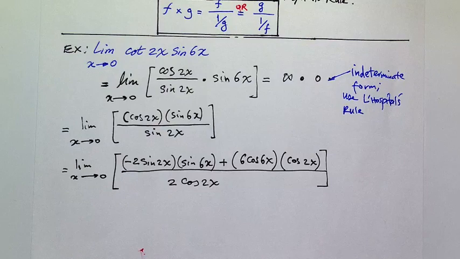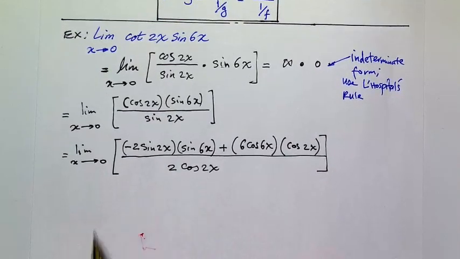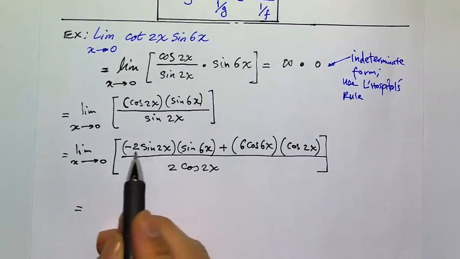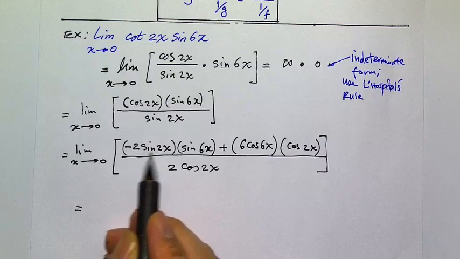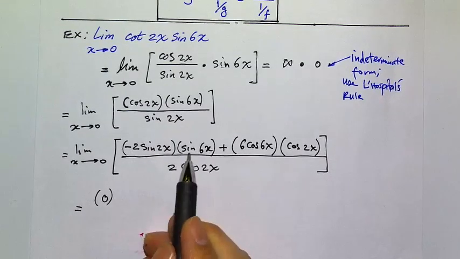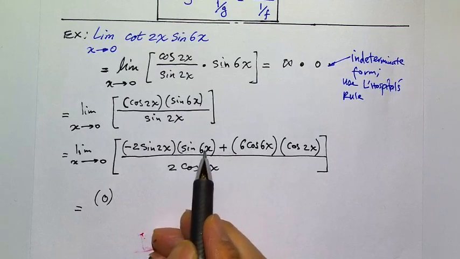Okay. Now that we've done that, let's apply the limit again. What will we get? If we apply the limit to this piece, sine of 0 is 0 times minus 2 is 0. Sine of 6 times 0 is 0, sine of 0 is 0.